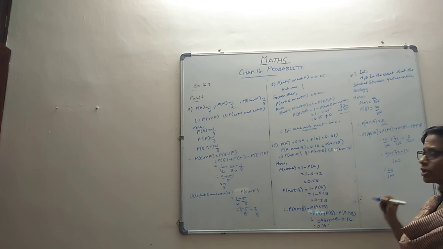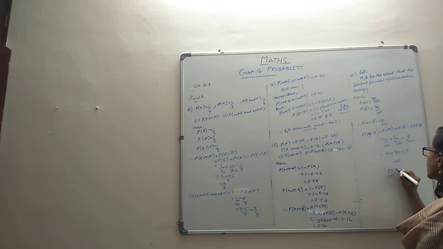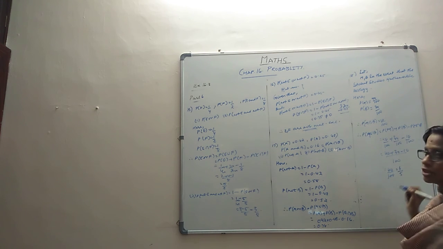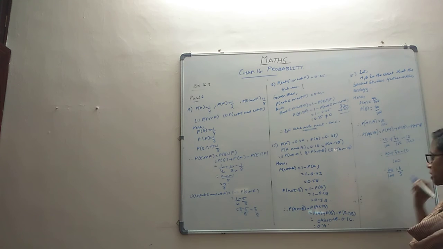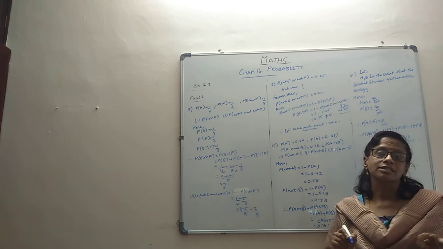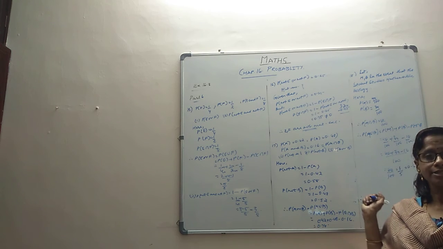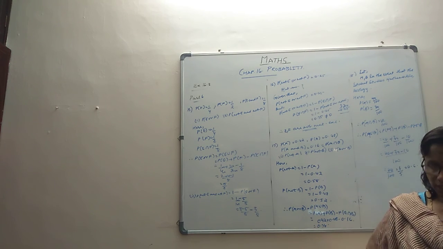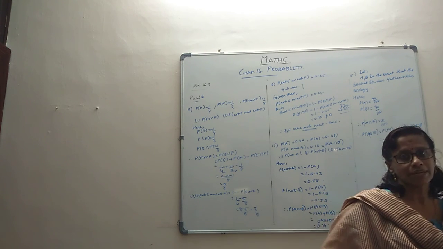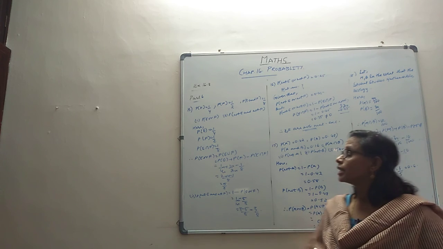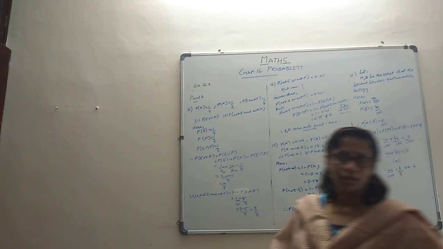It's 0.6, or you can simplify and write 3 by 5. Either you write it as 3 by 5 or you write it as 0.6. Both ways the answer is correct. So the probability that the student studies either maths or biology is 0.6. That's about it. We have a few more problems that we'll be dealing with in the next video. Thank you.